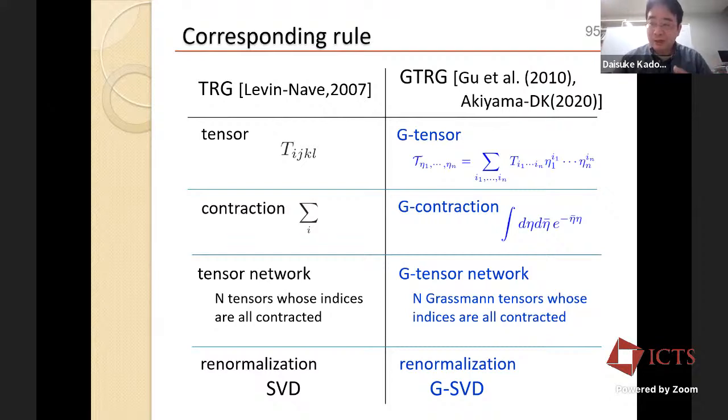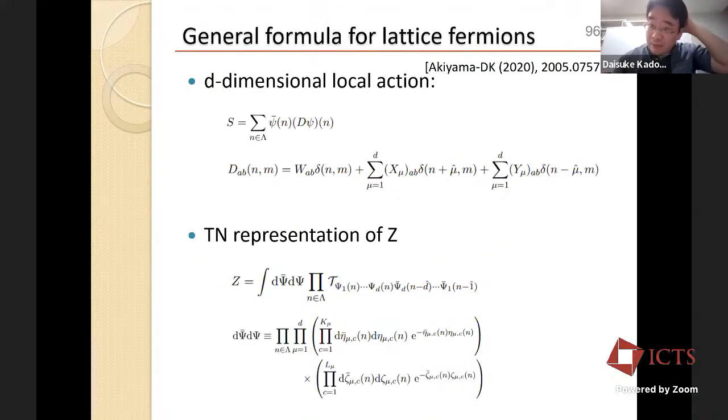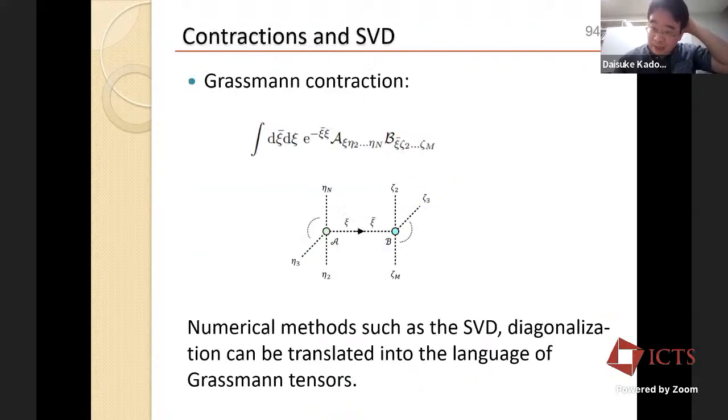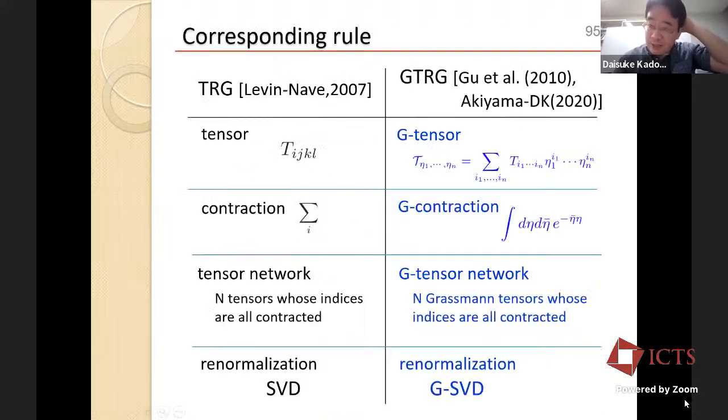The component field is decomposed by the regular SVD, and the extra decomposition for Grassmann numbers is needed in the Grassmann SVDs.